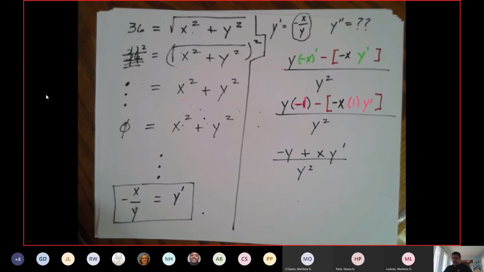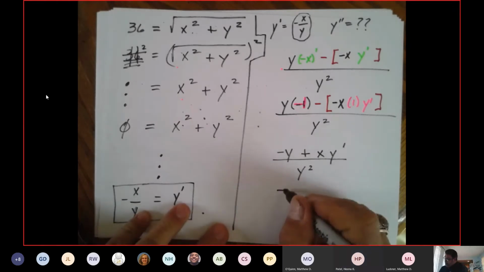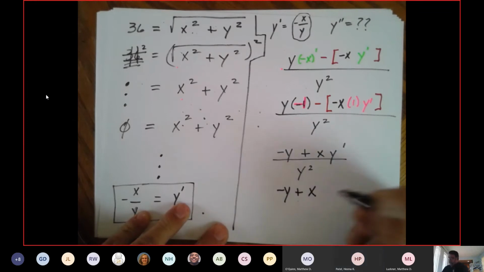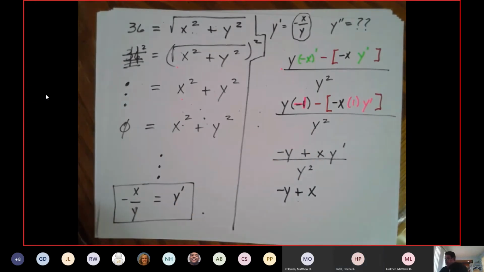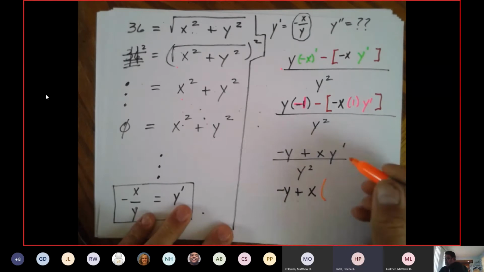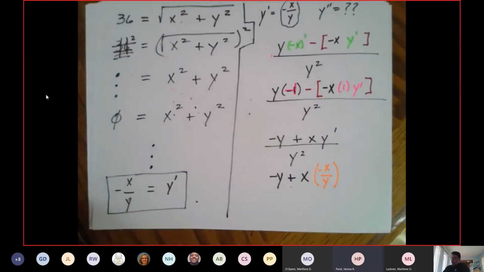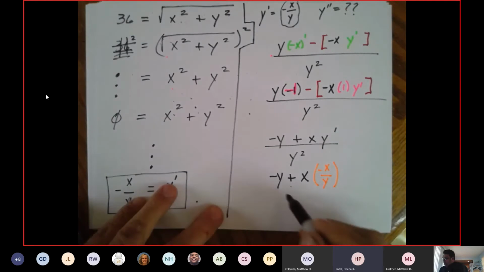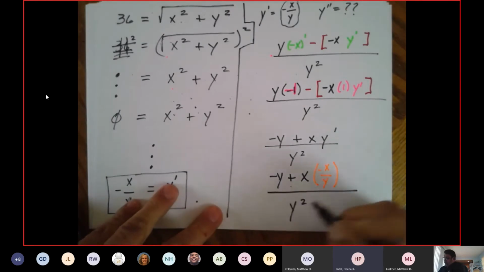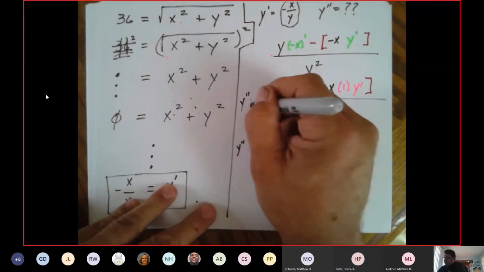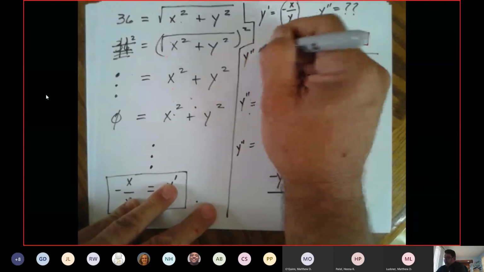Is Clemson color still going to be orange? Okay, so negative y plus x times negative x over y, over y squared. And this is y double prime.